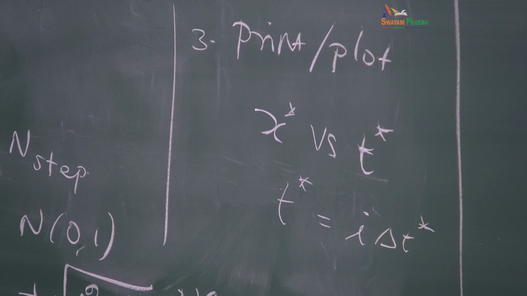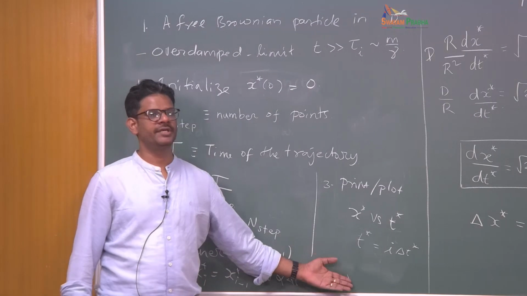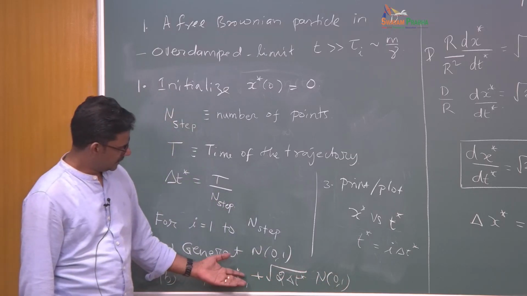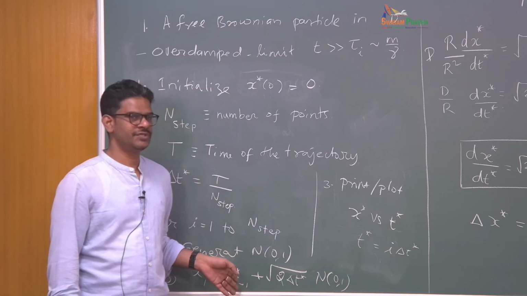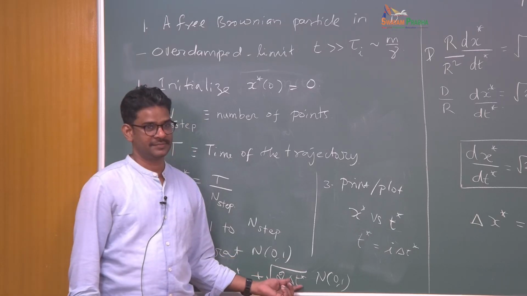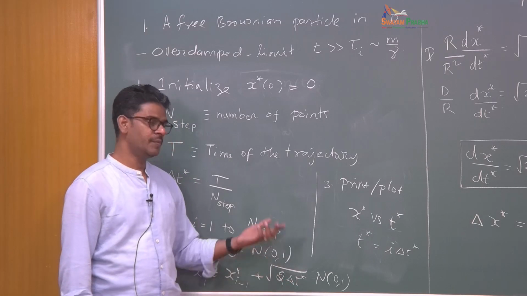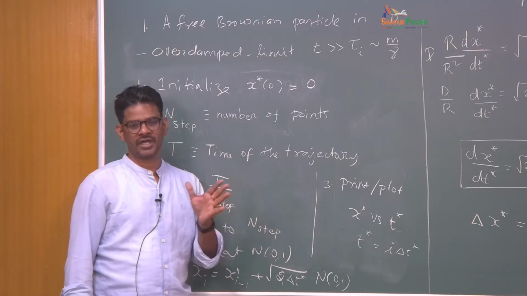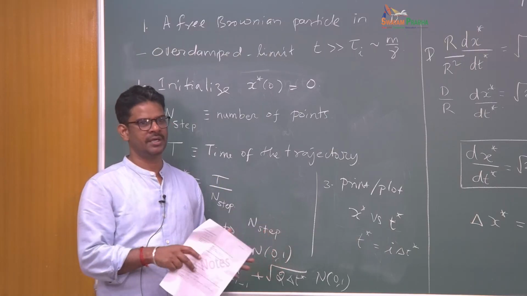If you look at this particular algorithm, the displacement that we have here does not depend on the current position. It depends only on this delta t star. Remember when I was talking about the Langevin equation, I was talking about a time scale. It shouldn't be too small, and it can't be too high.